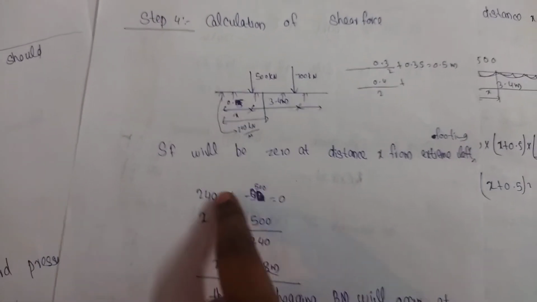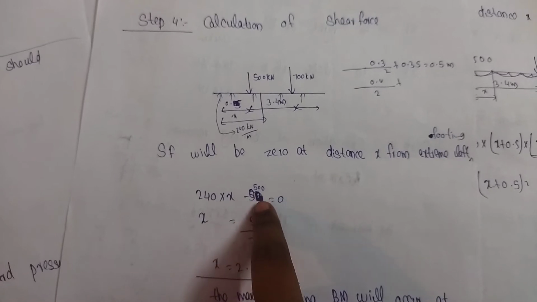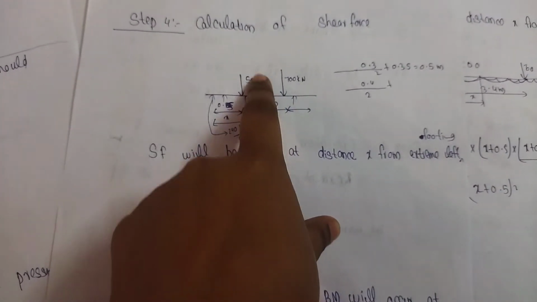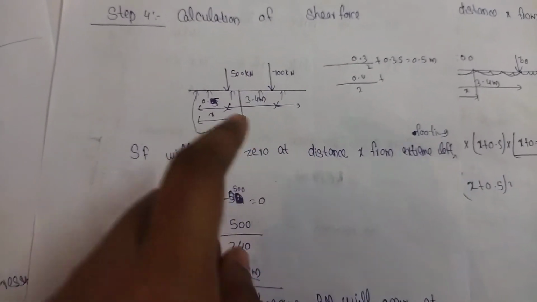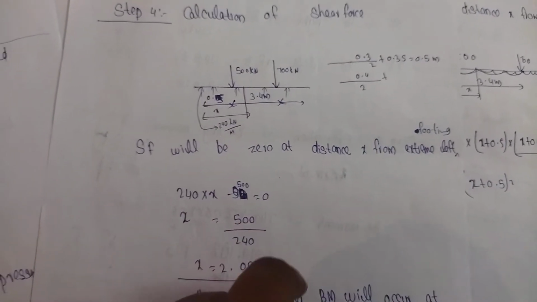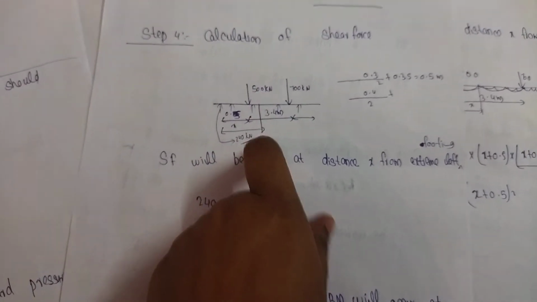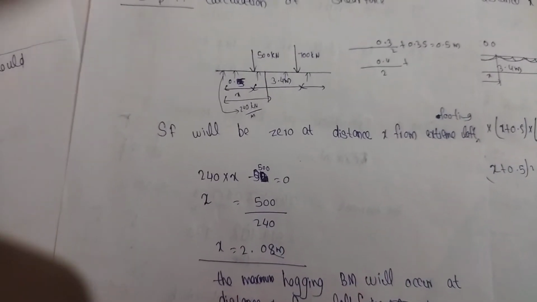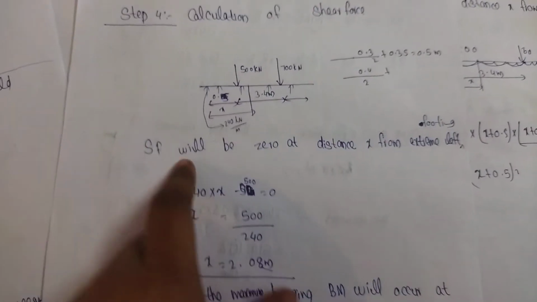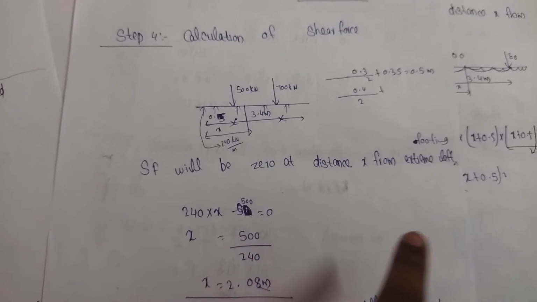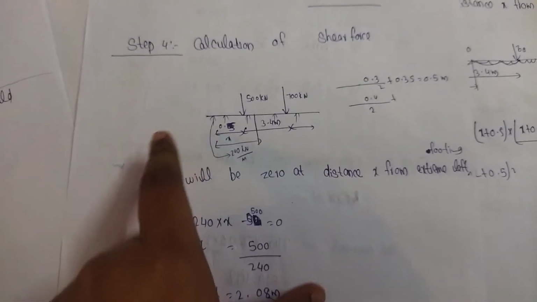Because this is UDL value, convert it into normal load, minus this 500 gives the shear force up to this center of gravity or the x bar distance.